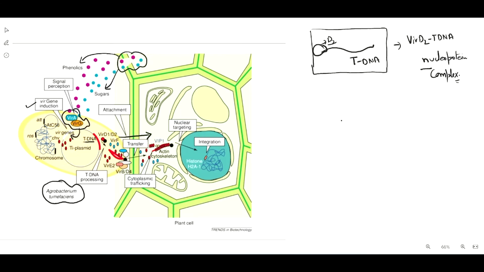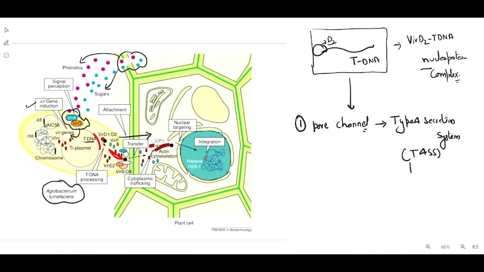Right? So first of all, this occurs by the formation of a pore channel across the cell envelope. And this is produced by the activation of the type 4 secretion system, also known as the T4SS system.